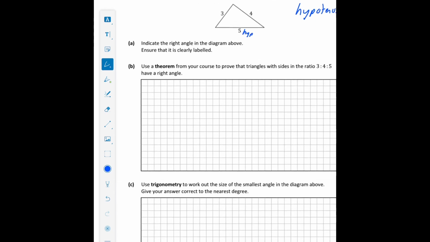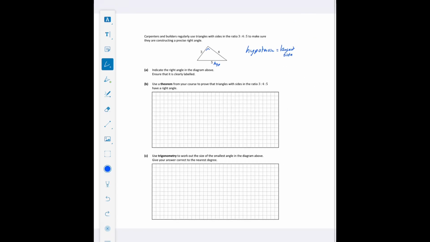So this must be my hypotenuse. So the right angle must be opposite that. Okay, so that's me after marking in my right angle there. Hypotenuse is the longest side and the right angle is always opposite the hypotenuse. That might be new information, a bit of a jump up, but I think it should still be okay.